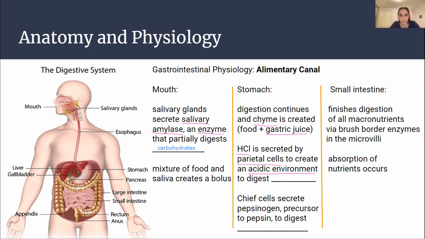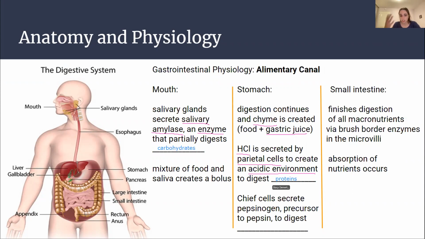Feel free to unmute yourself too. So I'm seeing a lot of answers in the chat saying proteins, and that is absolutely correct. So proteins like to be digested in an acidic environment. Hydrochloric acid is acidic because it's an acid and it's secreted into the stomach. So proteins are going to begin to be digested in the stomach.